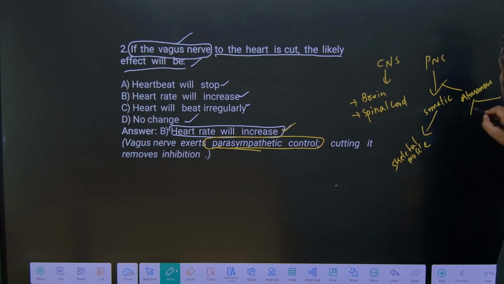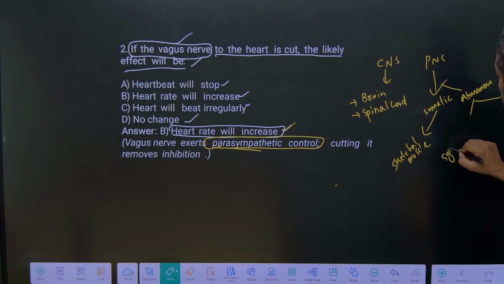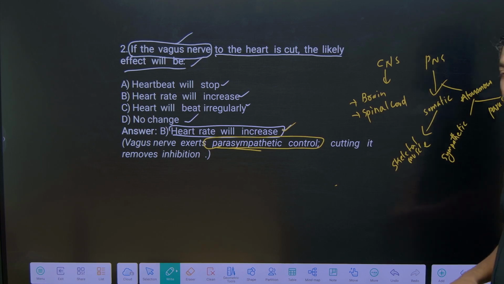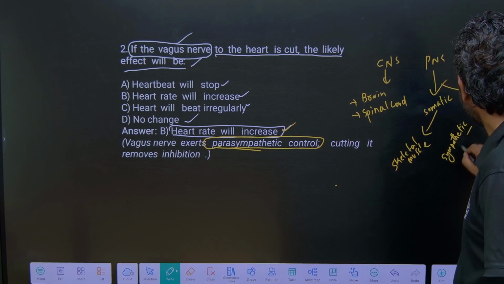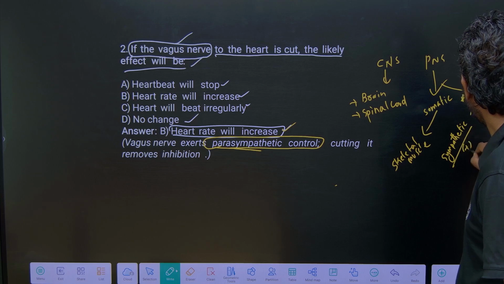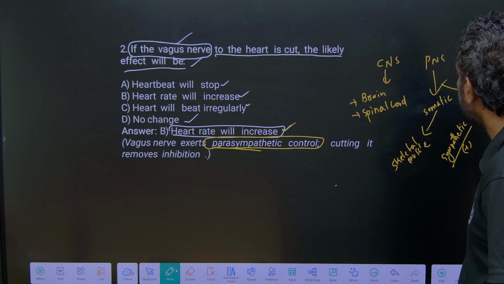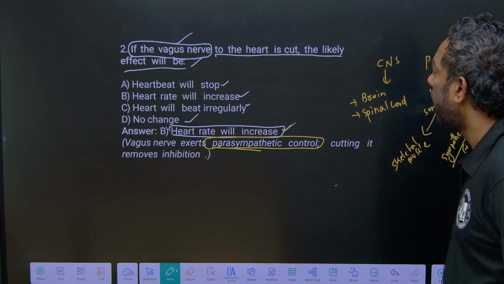Autonomic is again of two types, sympathetic and parasympathetic. These are the positive and negative signals going from the brain.